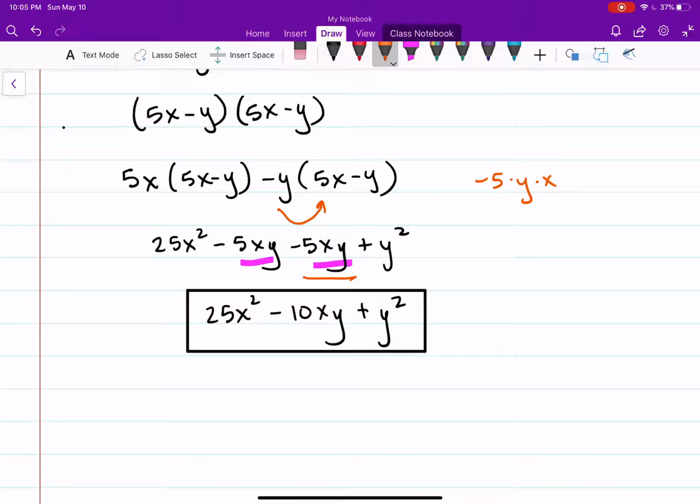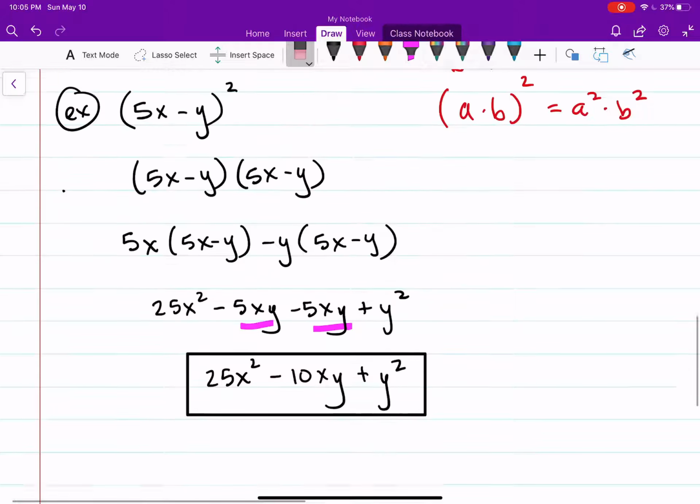Because if I did 1 times 2 times 3, is that the same as 2 times 3 times 1, or 3 times 2 times 1, or 2 times 1 times 3? Those are all the same. That is called the commutative property, okay? So those are all the same. So that's the reason why you got the negative 5xy.